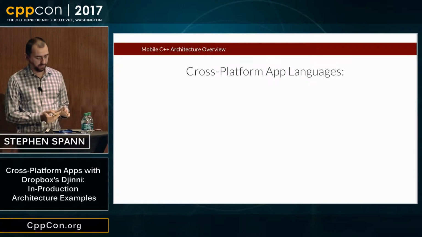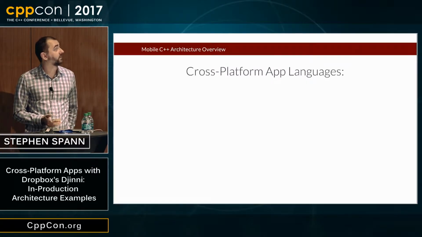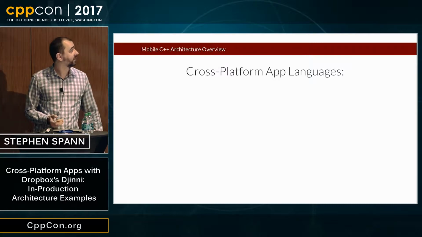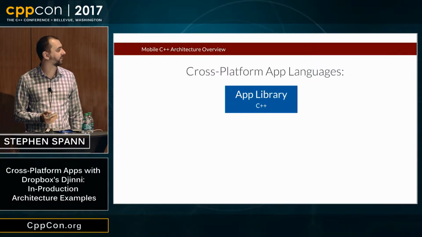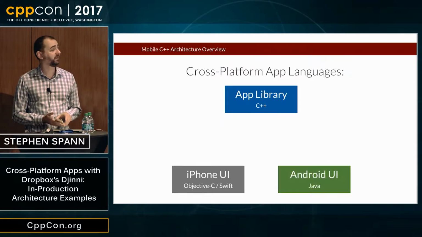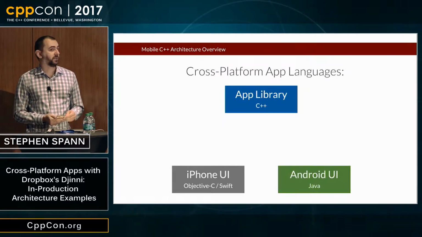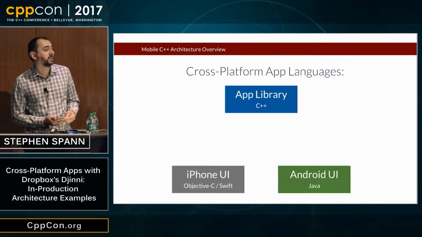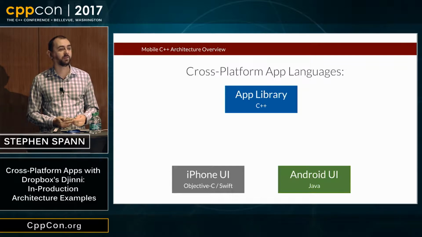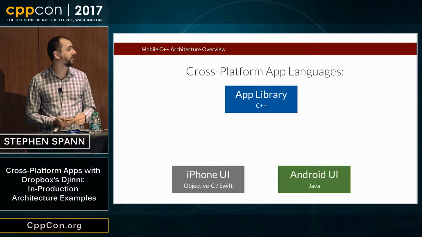Okay, so let's go through an overview of all the languages involved. We already talked about 3. C++, iPhone coded in Objective-C, Android coded in Java. So those things don't talk to each other by themselves. You can't instantiate just out of the blue a C++ object and start calling methods in either Java or Objective-C.